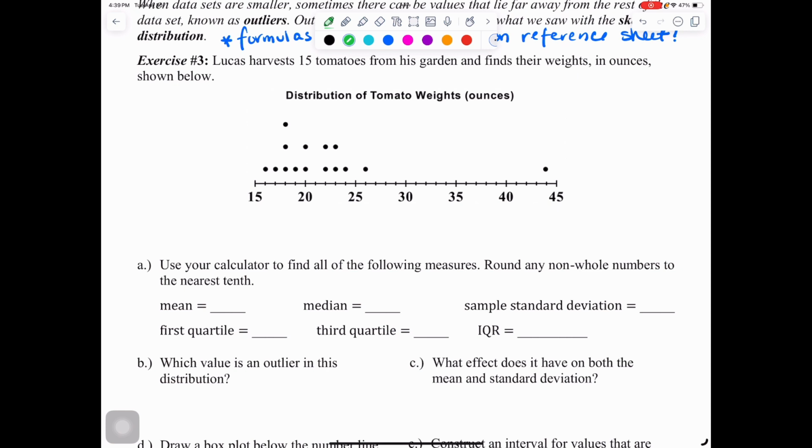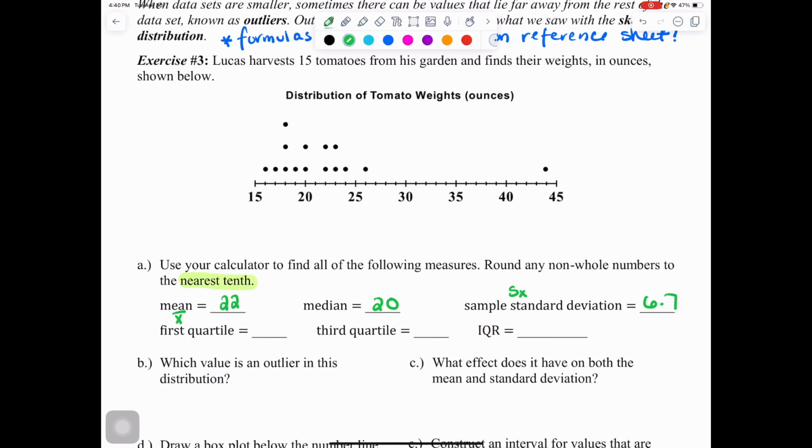So we can fill in the information that we got off the calculator. Remember that the mean is the X with the bar over it, so that was 22. The median was 20. The sample standard deviation, so again, remember that's S with the subscript X, is 6.7 because they said to round here to the nearest tenth.